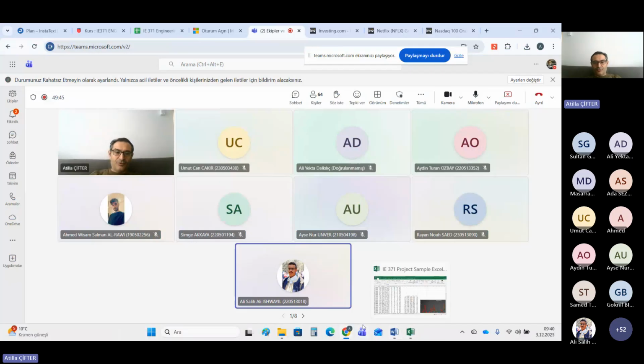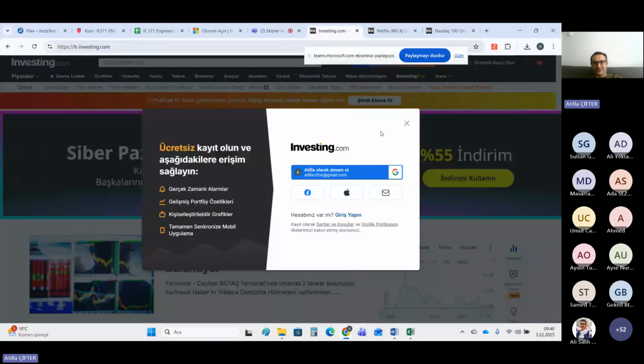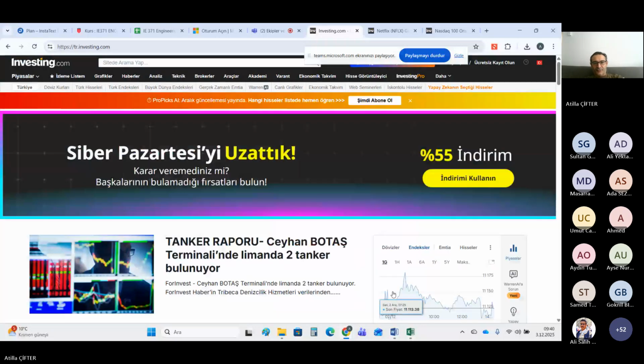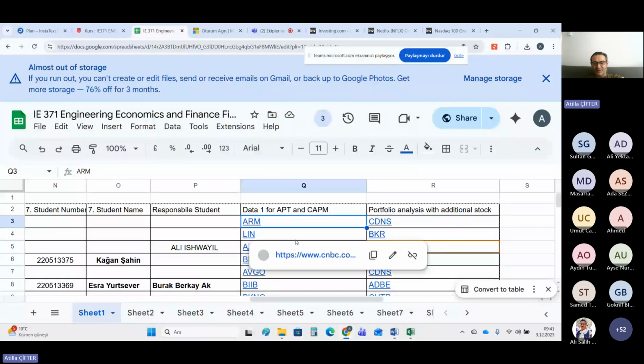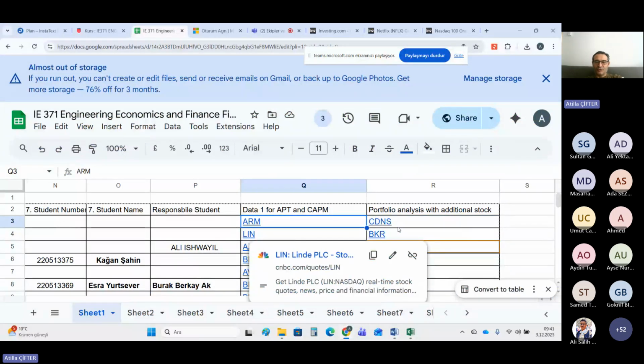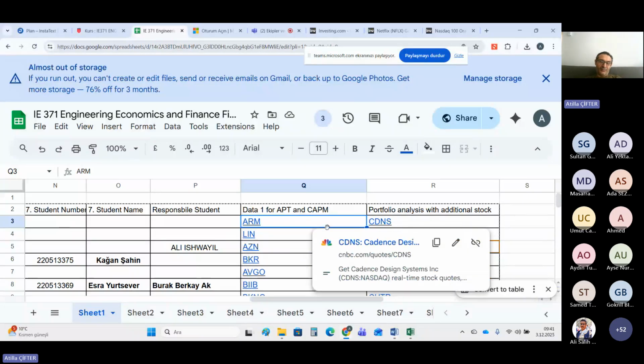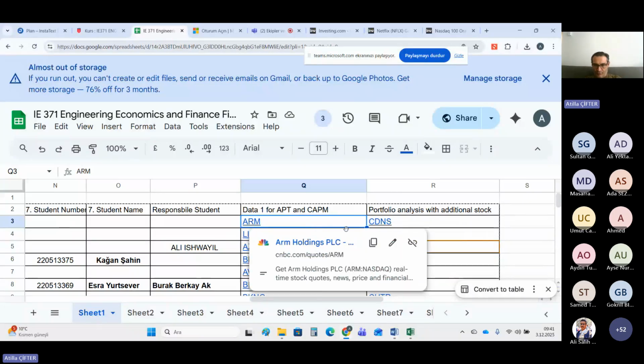Okay, no, individual stock returns, you will take from investing.com. Let's look at your data. For this Excel file that you can see, data for arbitrage pricing theory and CAPM portfolio analysis, you need to upload the data from investing.com.